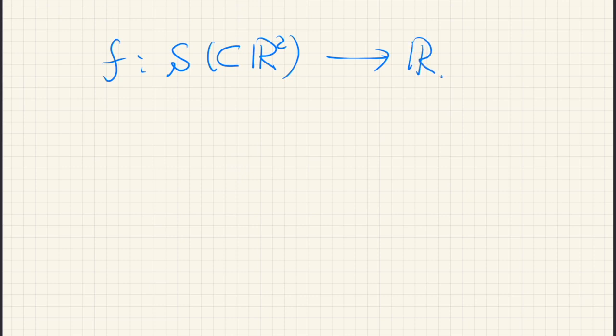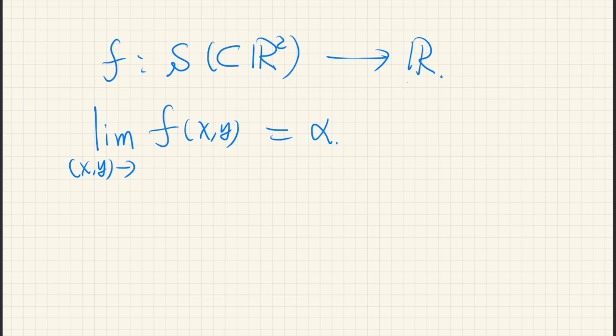And we want to define the notion of limits in this case. That is something like this: limit of f of x, y is alpha. Alpha is of course a real number, when x and y approach a and b. Okay.